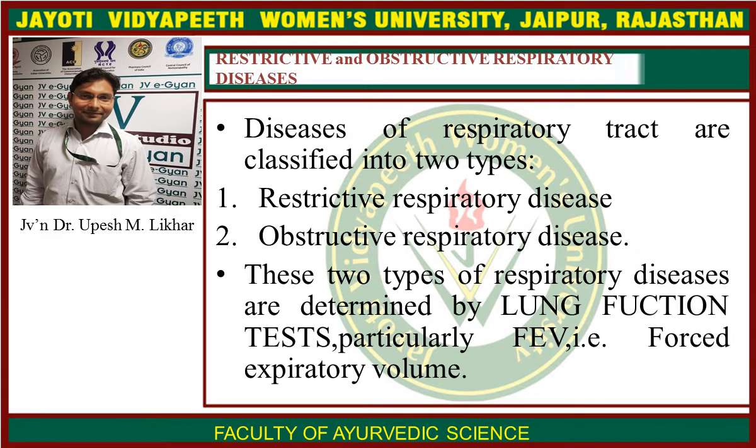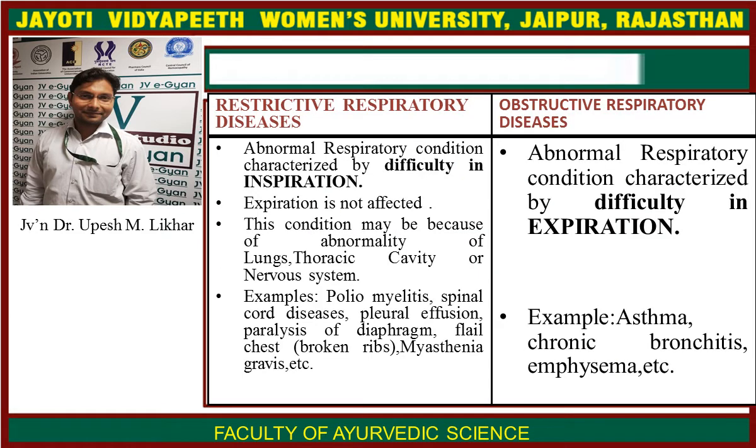Diseases of respiratory tract are classified into two types: restrictive respiratory disease and obstructive respiratory disease. These two types of respiratory diseases are determined by lung function tests, particularly forced expiratory volume. Restrictive respiratory diseases are abnormal respiratory conditions characterized by difficulty in inspiration.